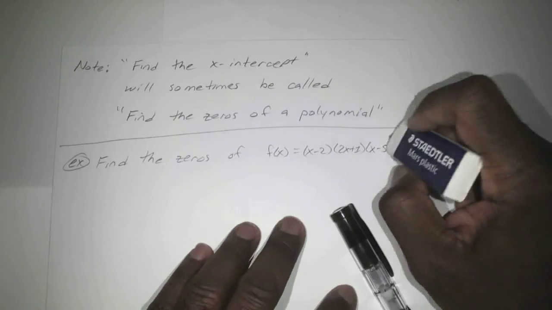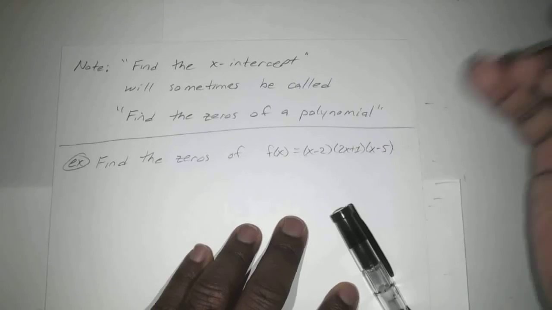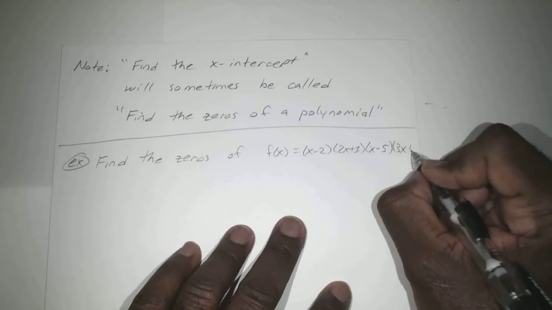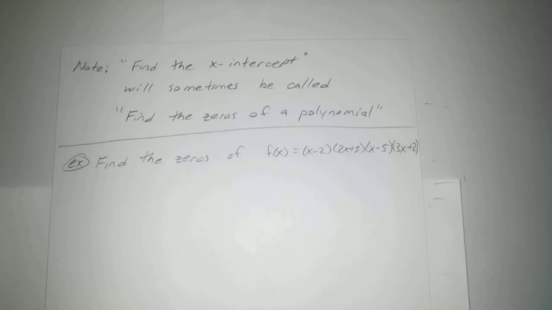Should have put it underneath like I originally planned. Okay, so find the zeros. You just set each one of those to 0.